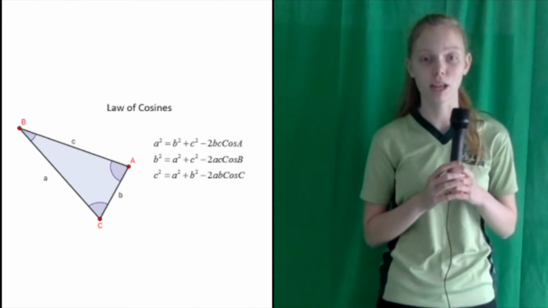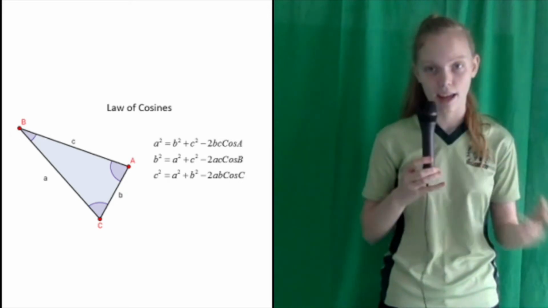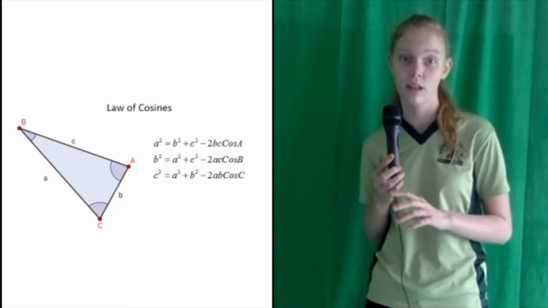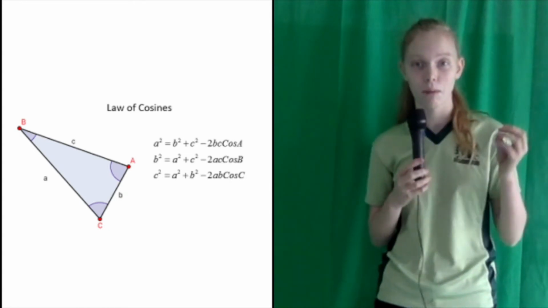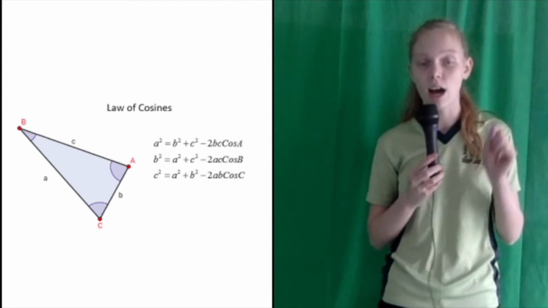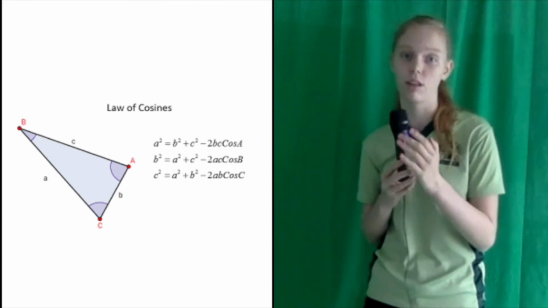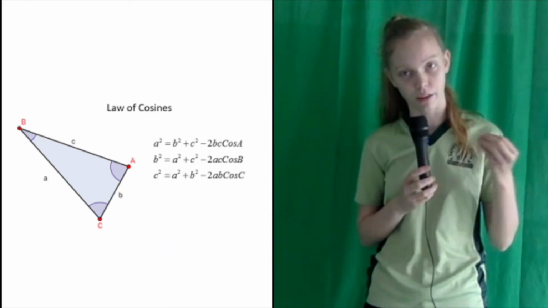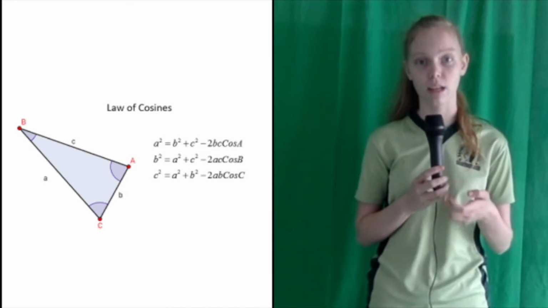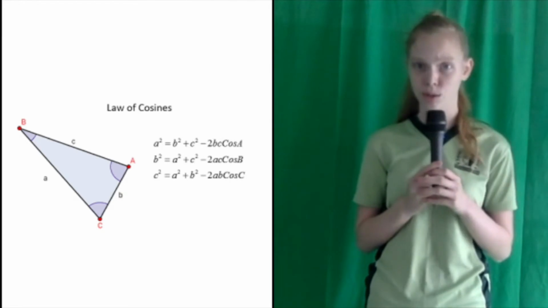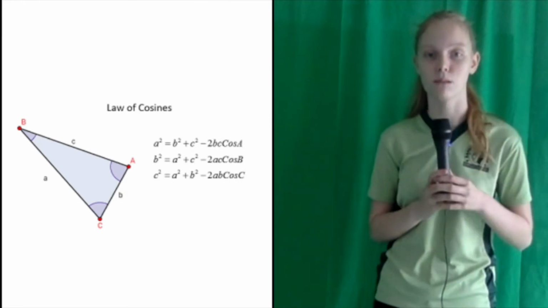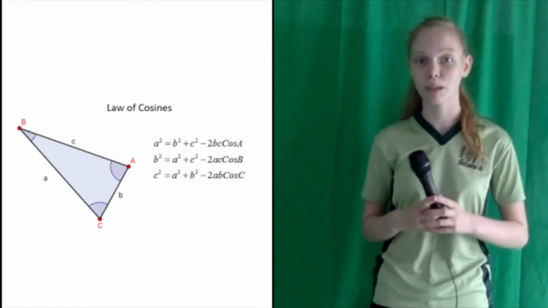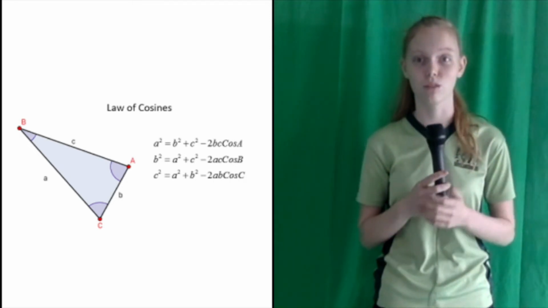So the law of cosines is that a squared, or any side squared, is equal to the sum of the squares of the other two sides minus 2 times the other two sides times cosine of the angle opposite the original side. So a squared equals b squared plus c squared minus 2 times b times c times cosine of the angle opposite of a. And that sounds really complicated, but once you just get to plugging numbers in, it's really not.